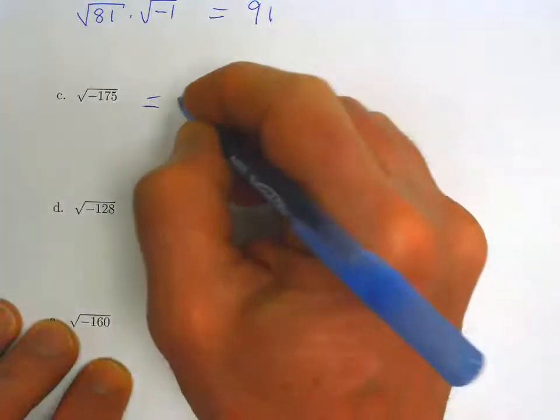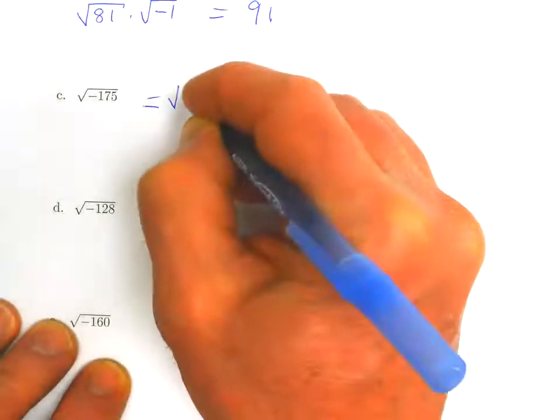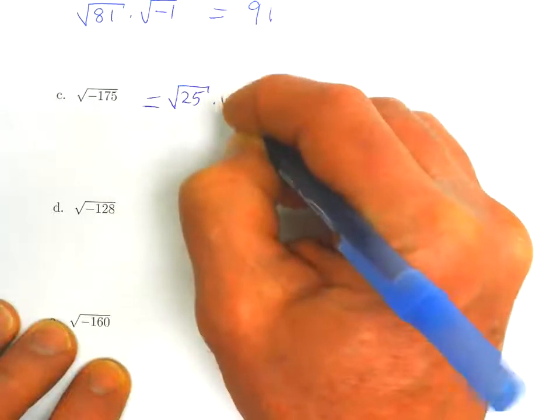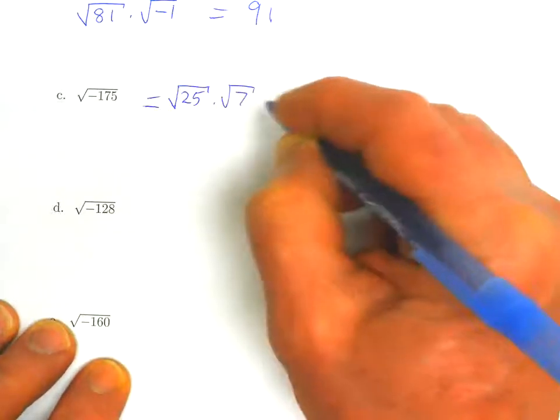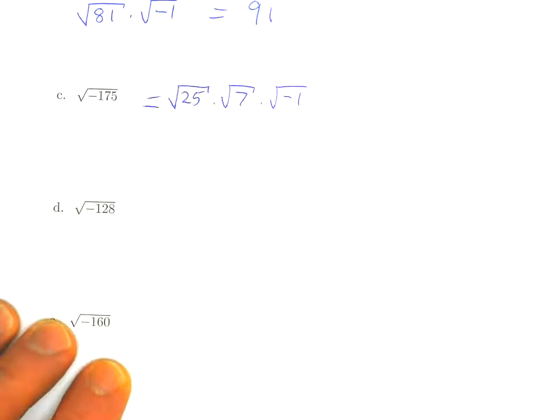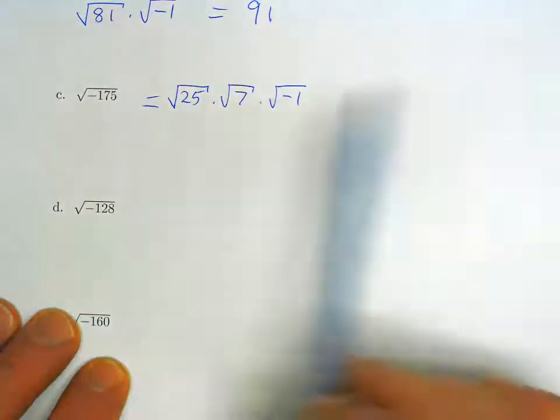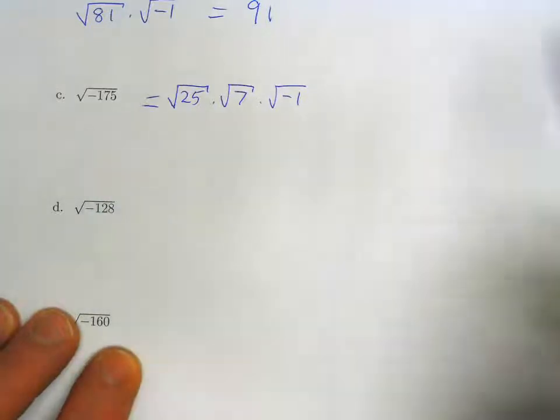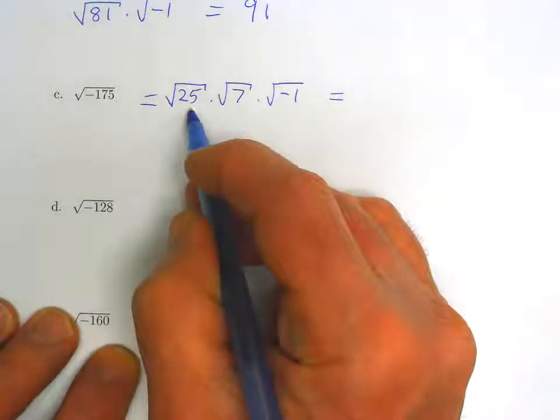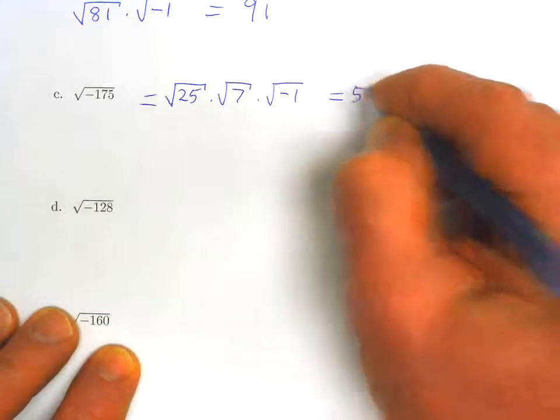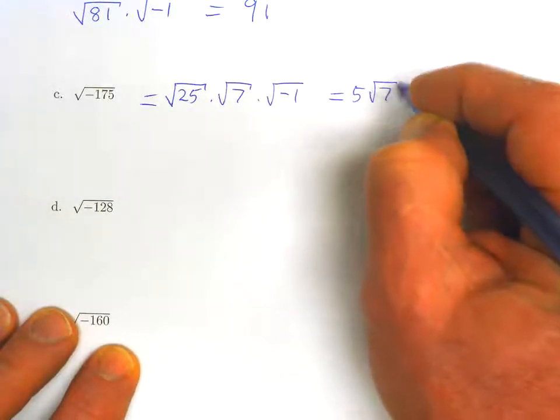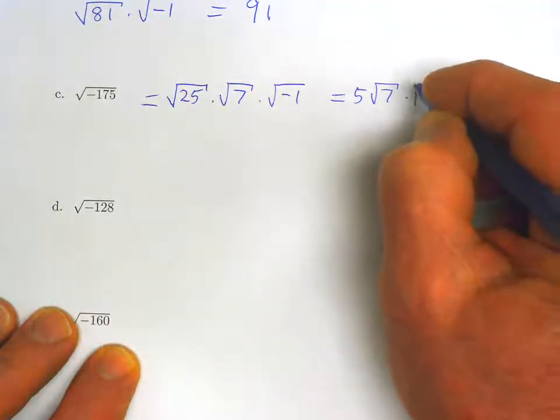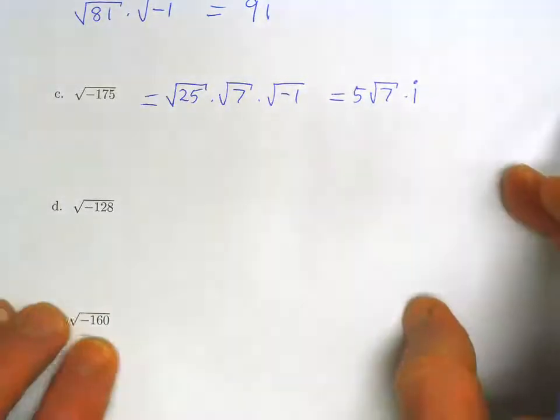So we'll think of this as the square root of 25 times the square root of 7 times the square root of negative 1, and if you multiply those, you'll get negative 175. The square root of 25 is 5 multiplied by the square root of 7, and then replace the square root of negative 1 with i. This is our simplified result.